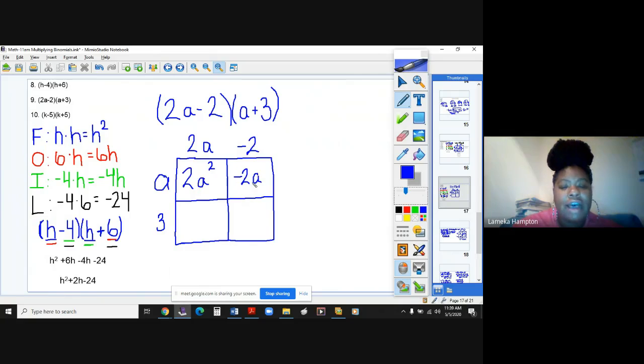So my two top boxes are covered. Now I have to do the bottom boxes. So now I have 3. So I'm multiplying 3 times 2a, and that gives me 6a. And now finally, I have my numbers, which is 3 times negative 2, which gives me a negative 6.